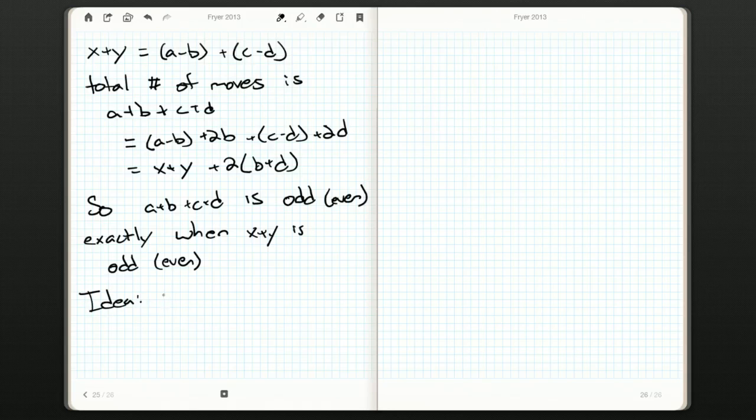So another idea: what's the minimum number of moves?